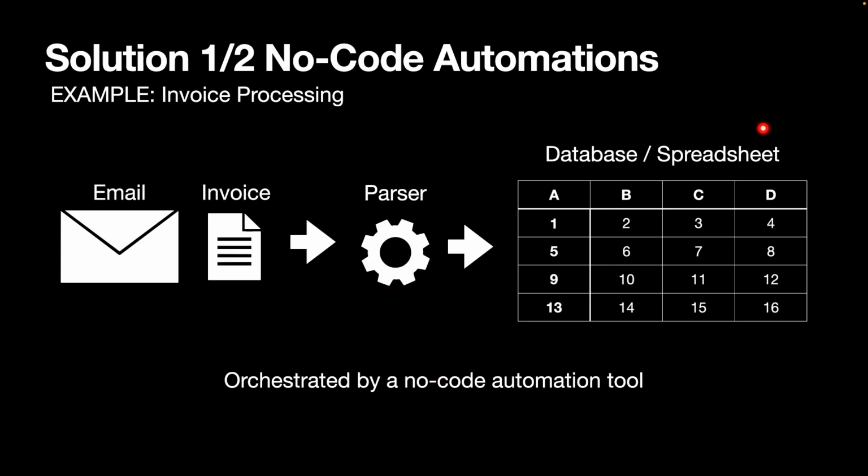So Zapier would be orchestrating this entire process, and then the parser would simply be looking through the invoice and grabbing the specific columns and syncing it up to the database or spreadsheet. And this can be a little bit janky, like I said, because, what if there's issues in the parser? What if it can't parse properly? What if there's delays in getting the emails, or they don't come through? So this isn't a very robust system, but it could work as kind of a workaround for at least making it better than manual data entry.